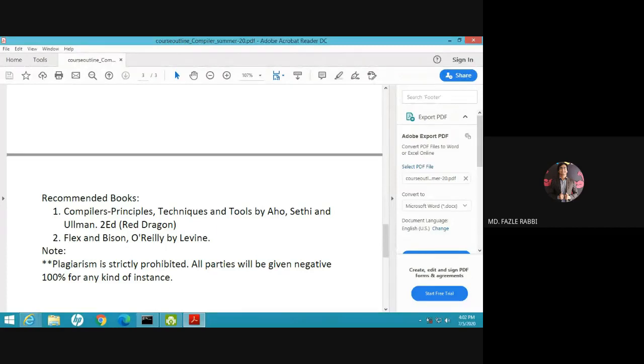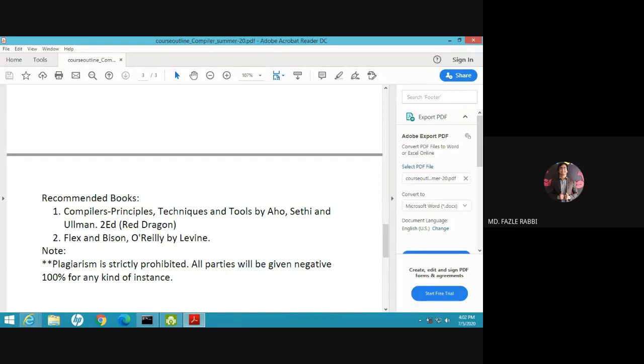Some people Xerox those books and publish them online. It is not good to teach you cheating, but if you search for these books, as they are very famous, you can definitely get a pirated copy on the internet. So collect these books. If you don't get the second edition, collect the third edition, fourth edition. There is no big difference.